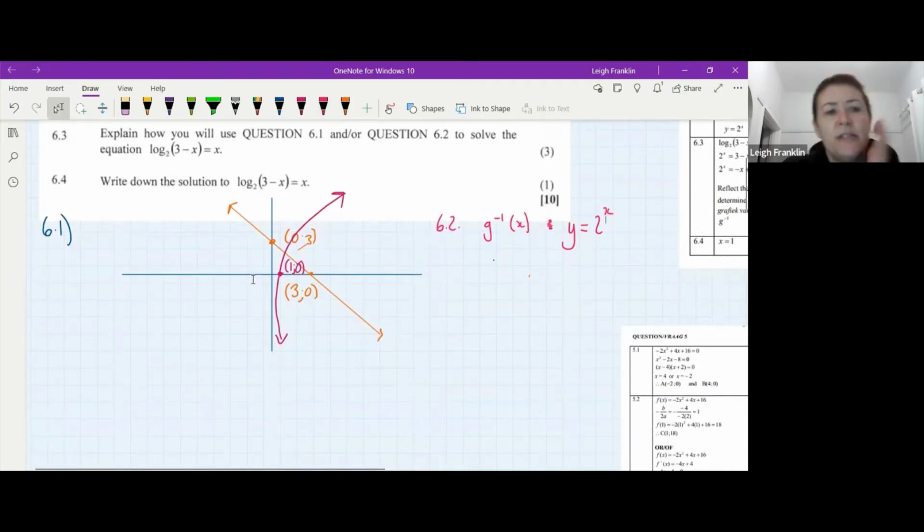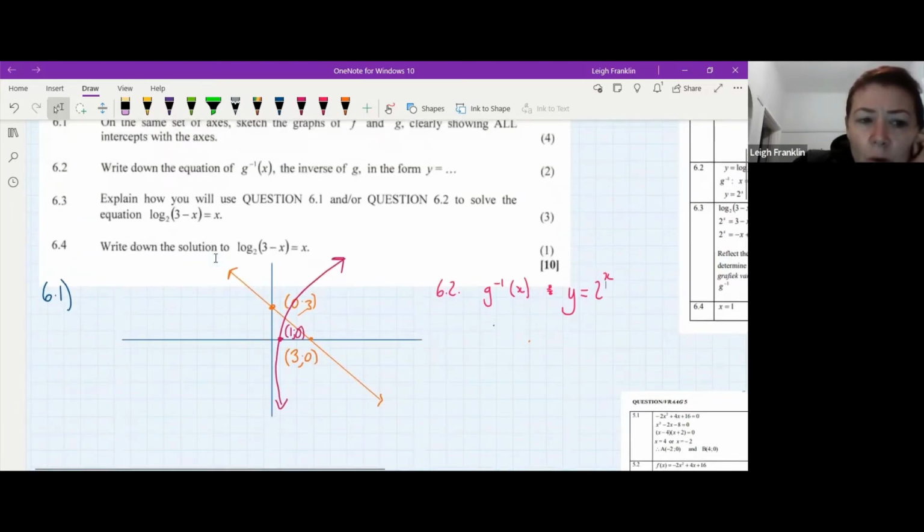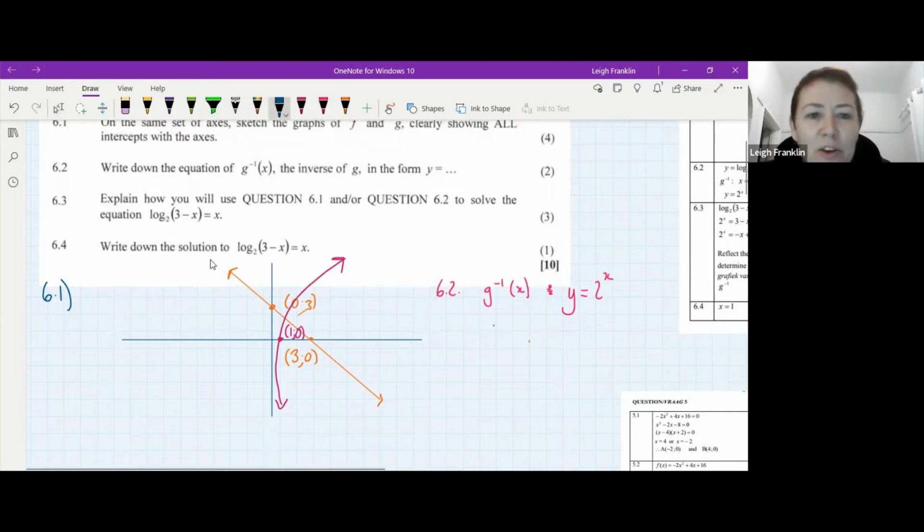6.3, now they've asked us, explain how you will use question 6.1 and/or 6.2 to solve the equation log base 2 of (3 minus x) equals x. Okay, so that's the reason why I chose this question, because there's this really unusual question here. So again, instead of me telling you, what do you think we're going to do here?